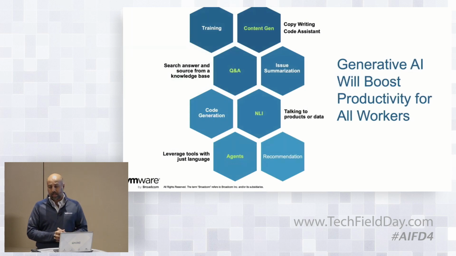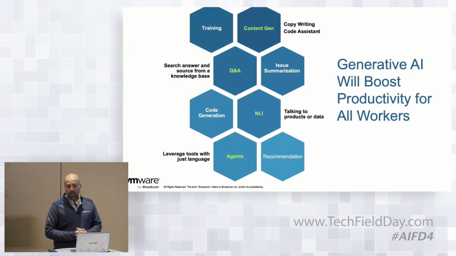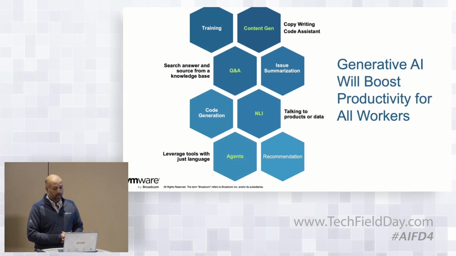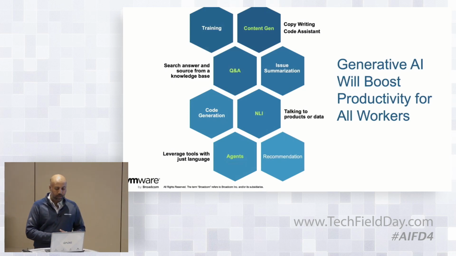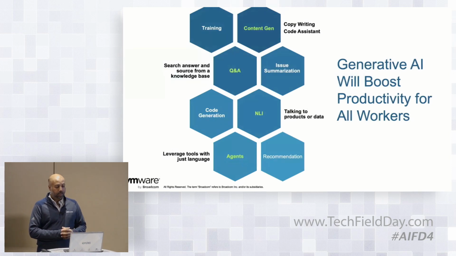When it comes to question and answering, everyone's always looking to see how they can do better search. So it's not just getting answers from different sources, but also being able to synthesize the answer from all these different sources, and not having to go read multiple documents to get your answer. We've talked a lot about code generation, and code generation is not just for traditional programmers, but also for administrators who are using things like YAML or Terraform.